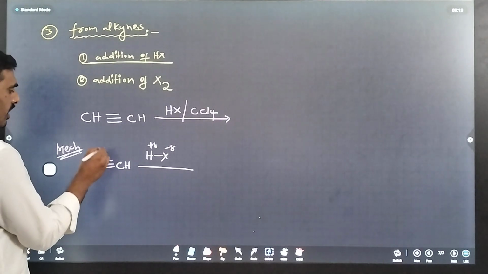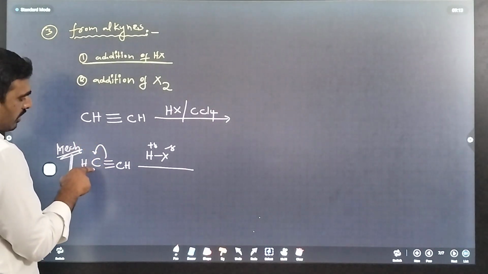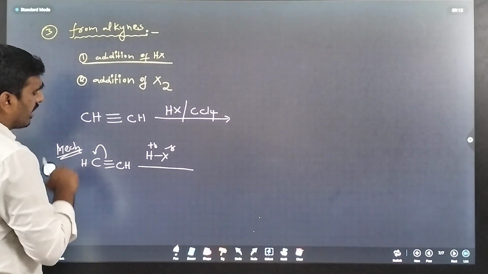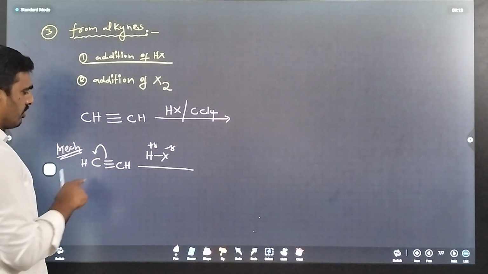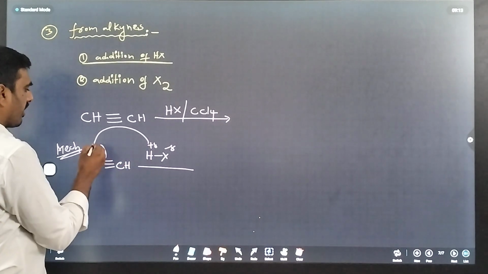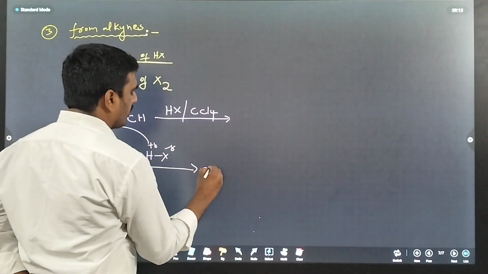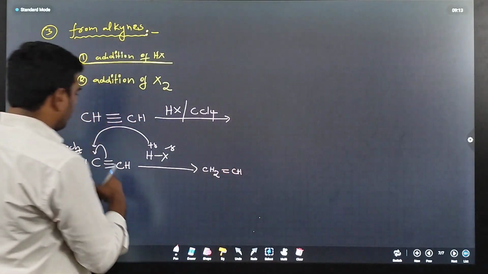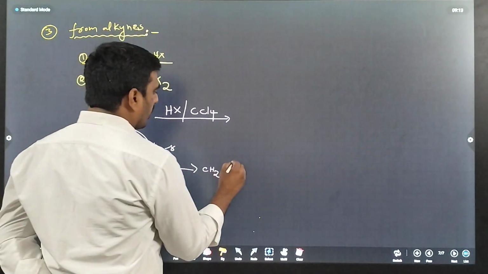So here the electron displacement is towards this carbon, this carbon gets negative charge, so the other carbon gets positive charge. Therefore H plus ion attacks here, so we get CH2 double bond CH, and this carbon gets positive.